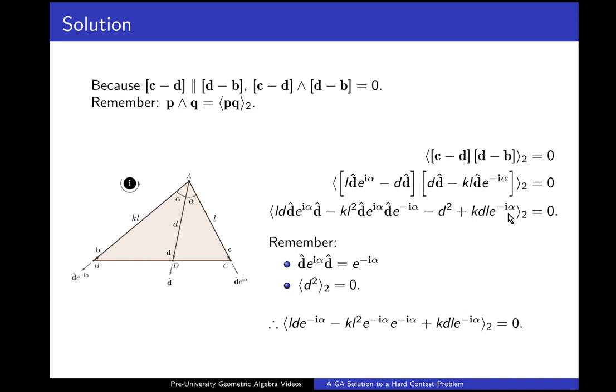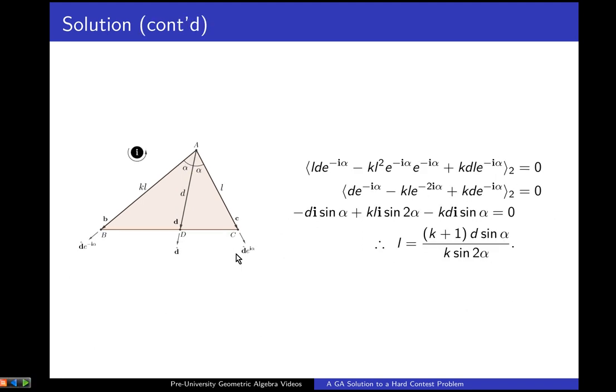Also, the bivector part of a sum and difference of different terms is equal to the sum and difference of the bivector parts of each term. And we notice here that d squared is a scalar, so its bivector part is 0, so that will drop out. When we use these ideas to simplify this, we come up with this expression. So we'll work on that on the next page.